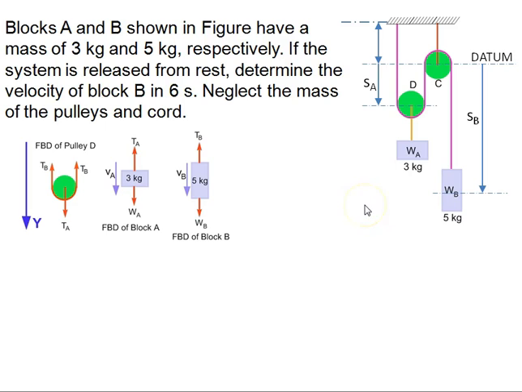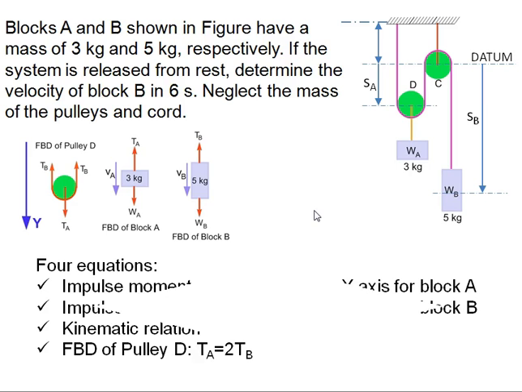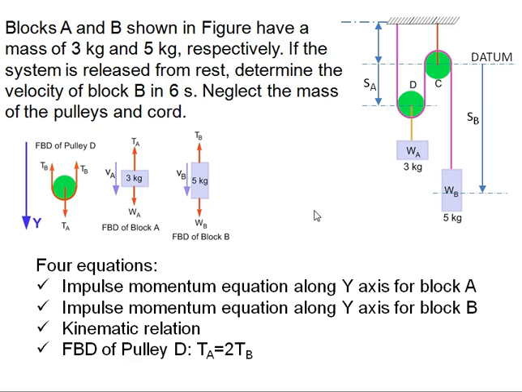Now if we stop for a second and see how many variables we are dealing with in total, we'll see that TB is one variable, VA is the second variable, TA is the third variable, VB is the fourth variable. So there are four unknown quantities in this problem, and obviously we need to have four equations if we were to solve for any one of them.